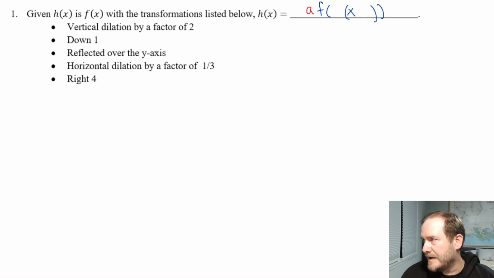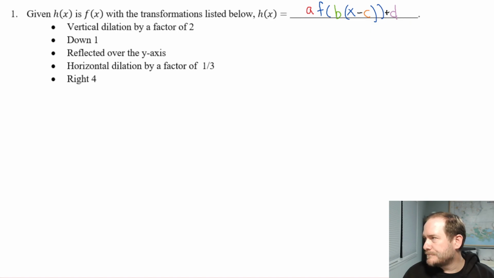There's probably an a value, there's probably a b value, there's probably a c value, and there's probably a d value. I would think that by now you know the effect of all those things. Hopefully.